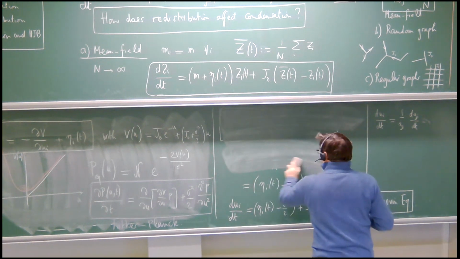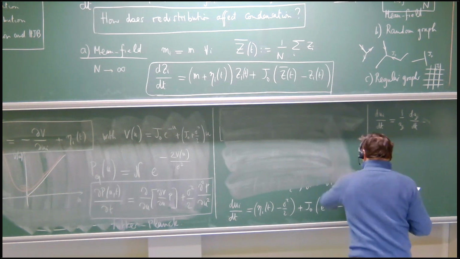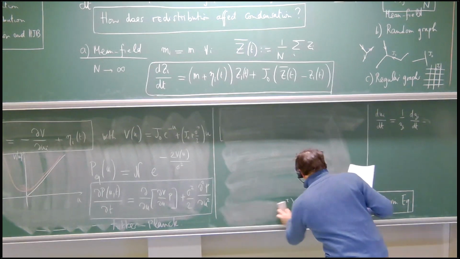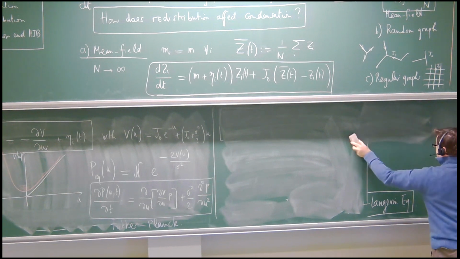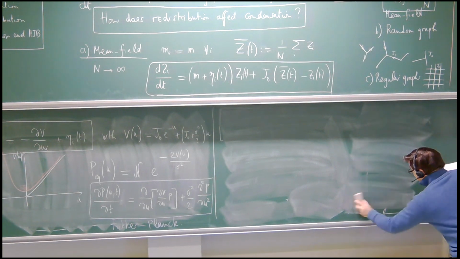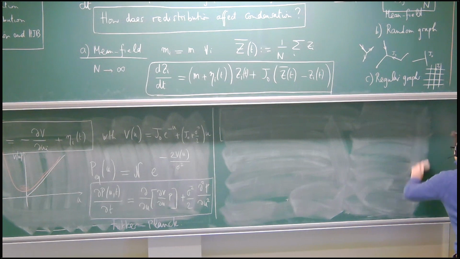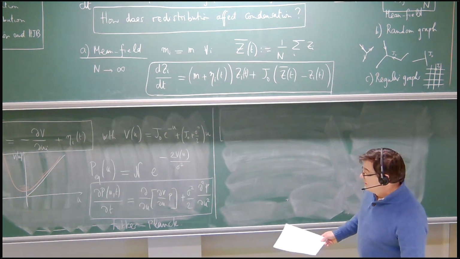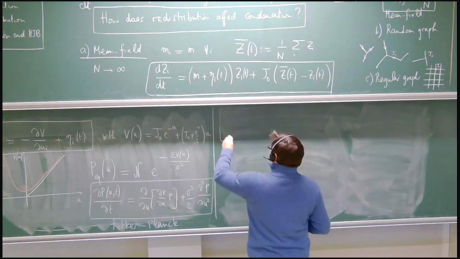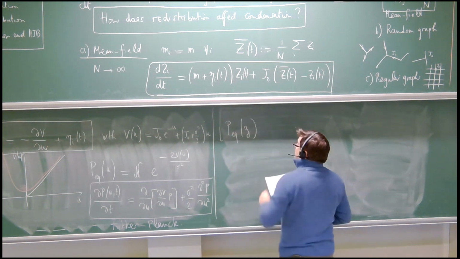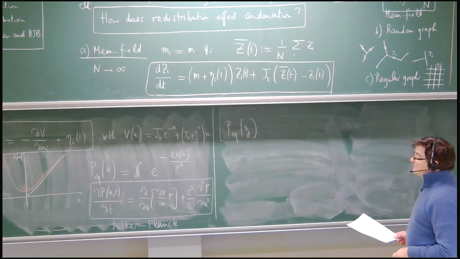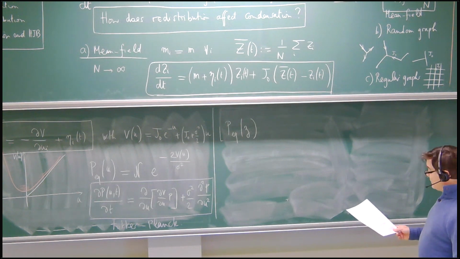Now, of course, I'm interested not in u, but in z. But essentially I'm done, because once I get P(u), I get P equilibrium of z, the stationary distribution I'm looking for, of the rescaled population sizes or wealth.